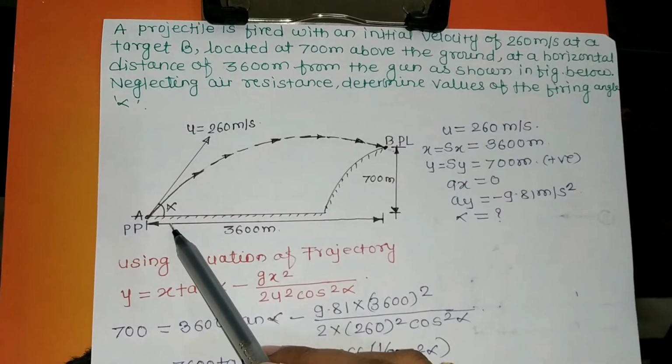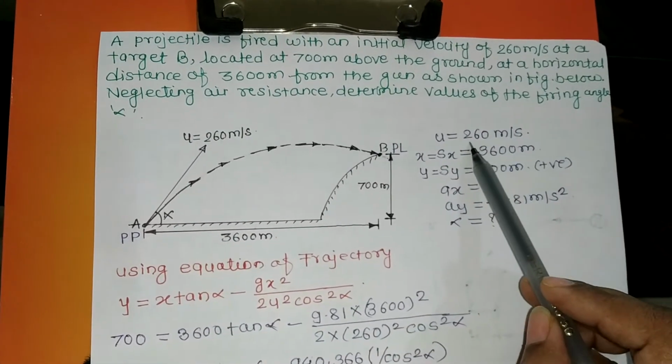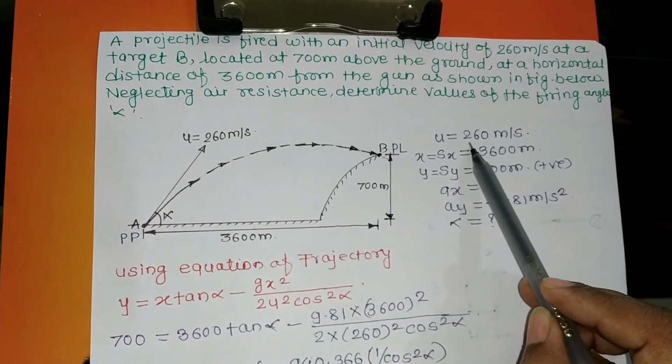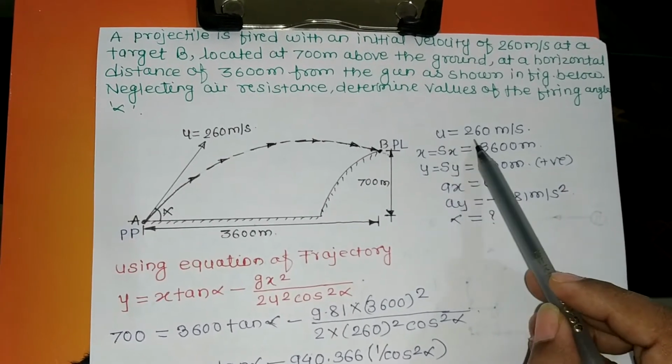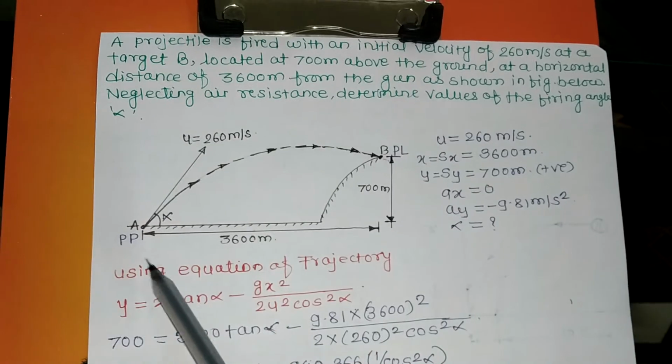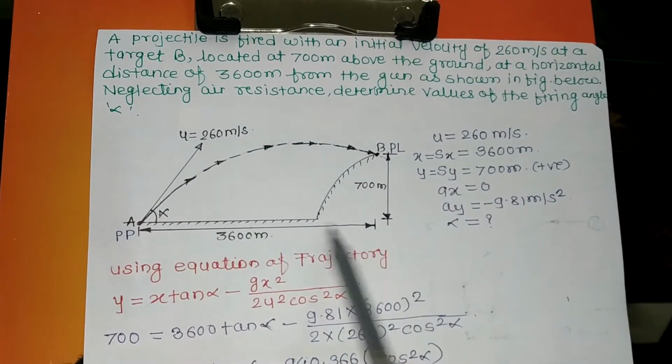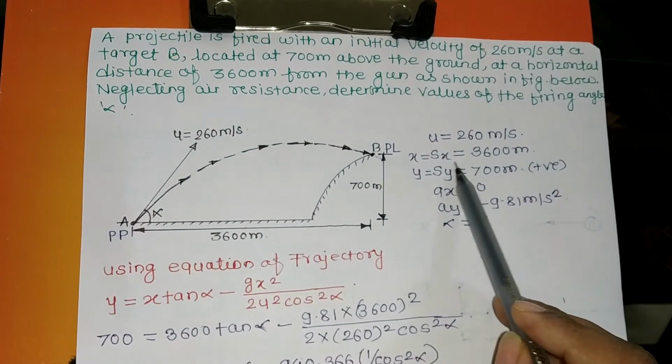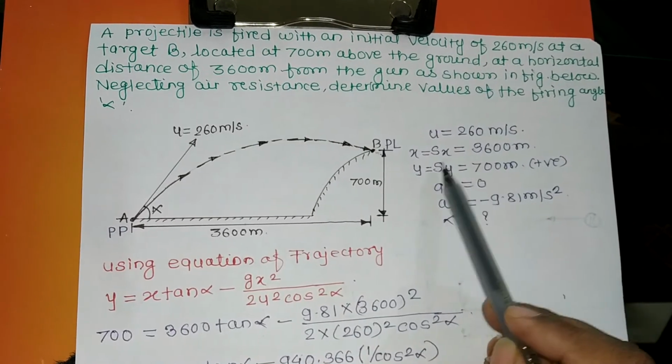Let us see what data is given in this question. The initial velocity of the projectile is given as 260 meter per second. The horizontal distance from point of projection to point of landing is 3600 meter.